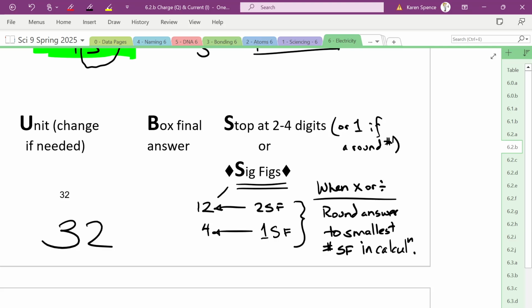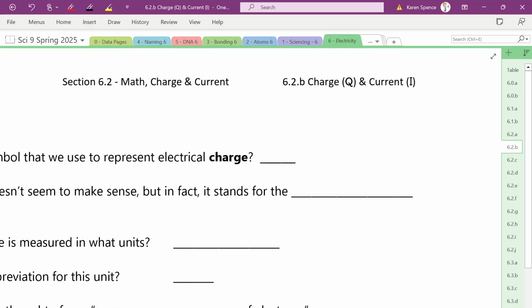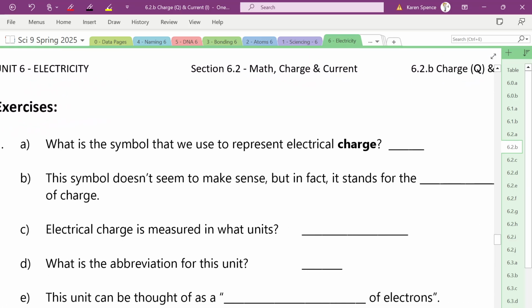Okay, are we ready for the next page? If you're moving to the next page, make sure you number it. It's going to be page 33. Oh, and then we just have exercises.